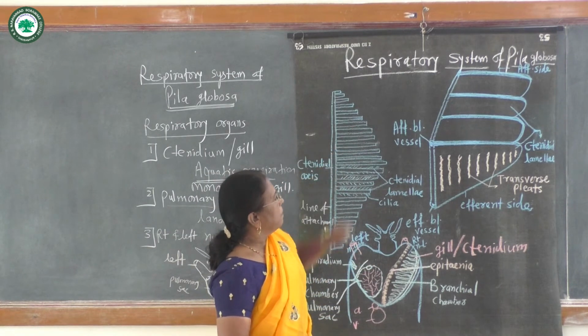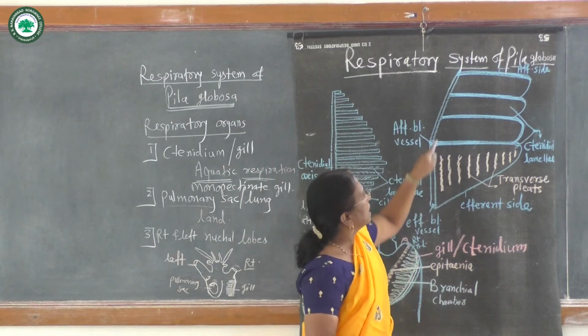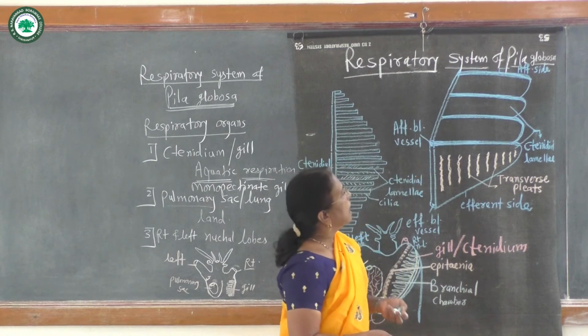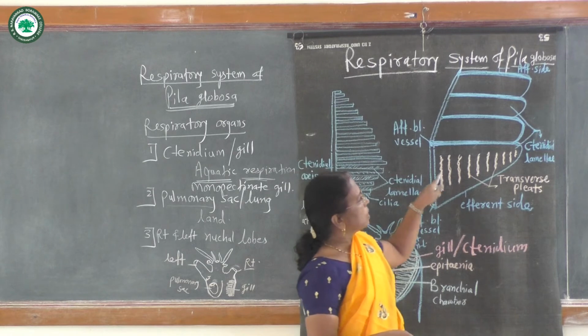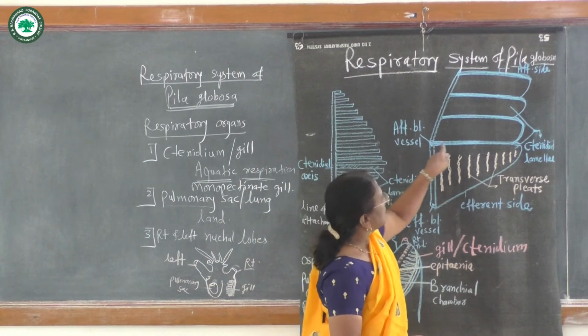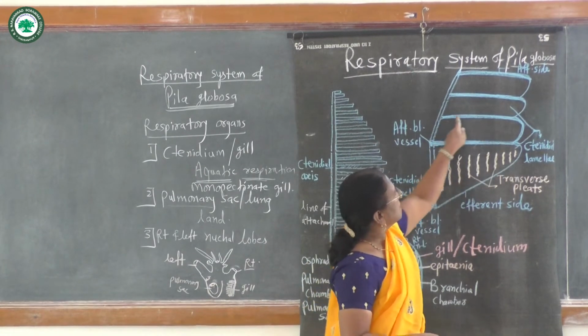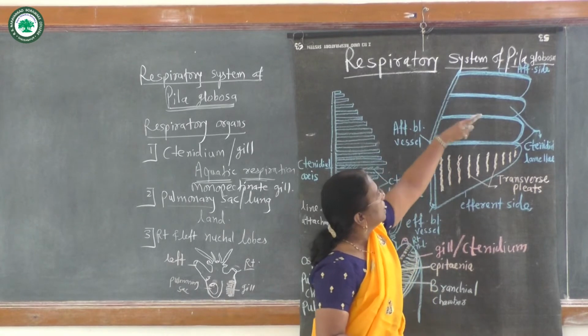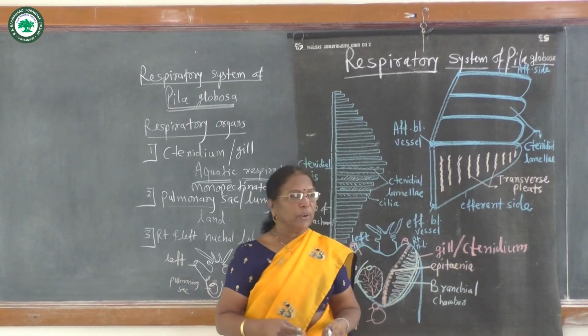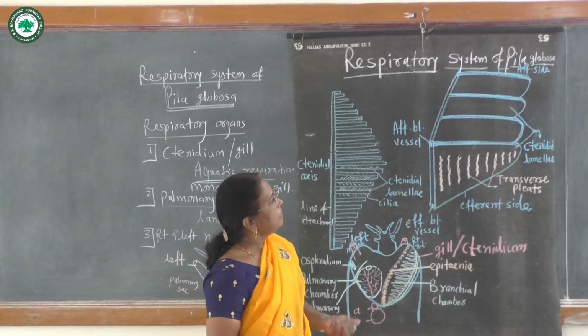A single ctenidium looks like this. Here there are four leaflets or four lamellae. This is the first lamella, this is second, third, and fourth. You can see in this diagram.